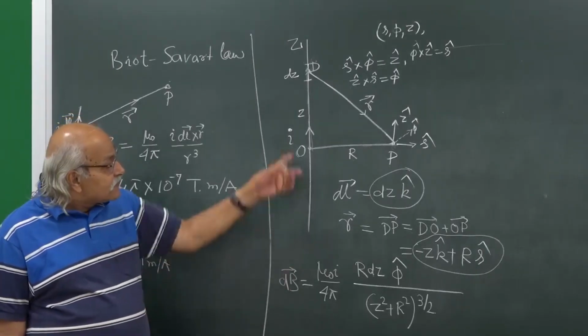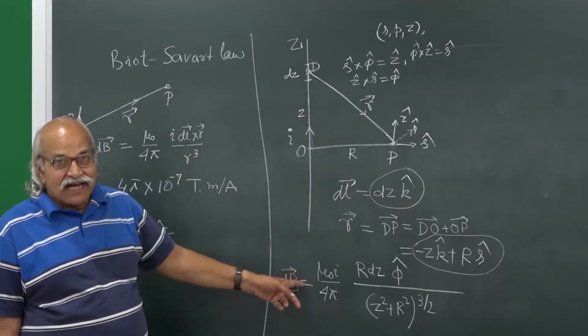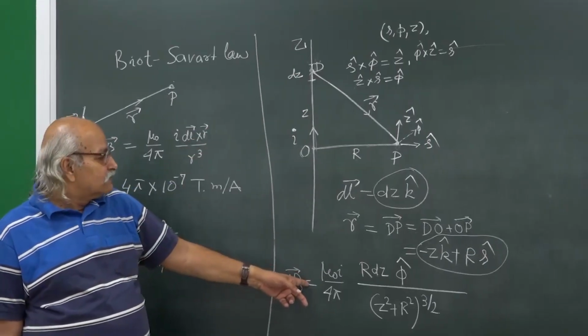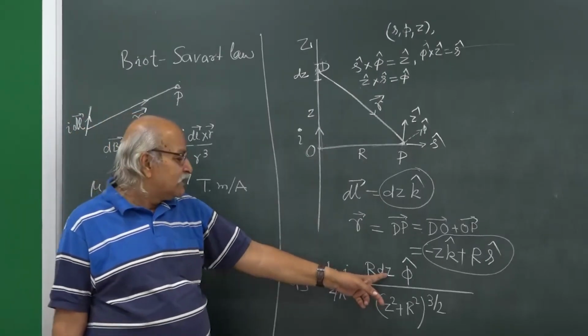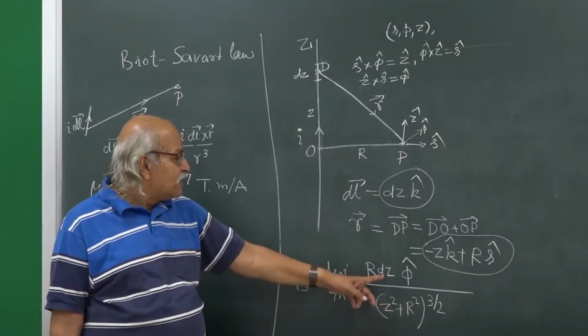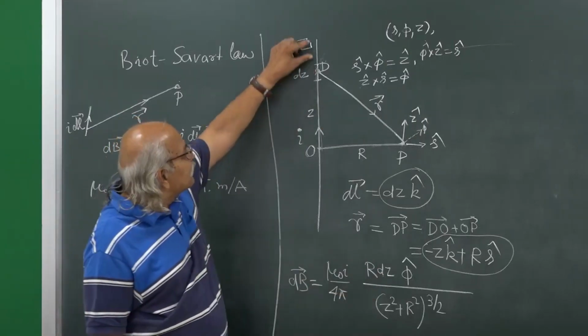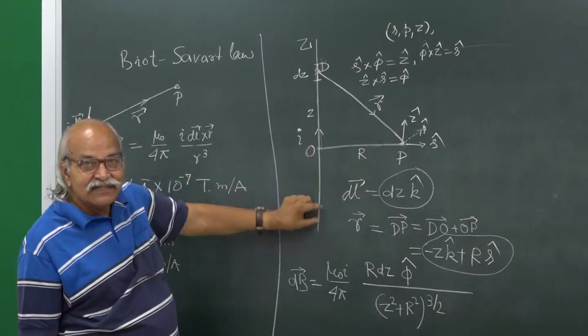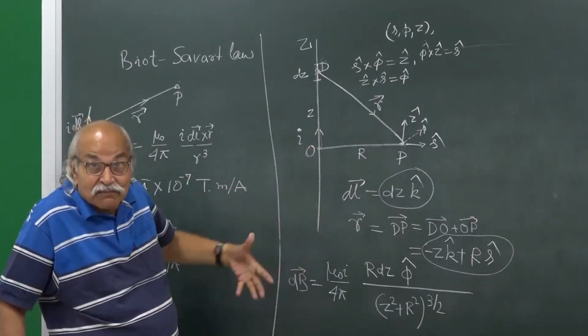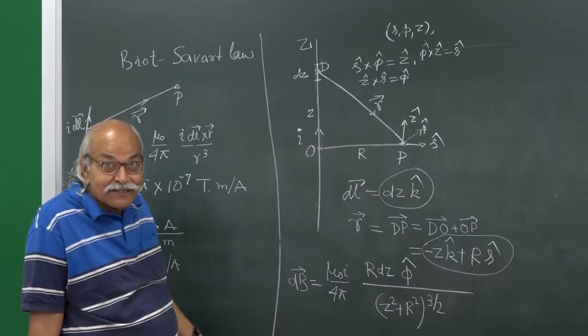But in our case here, when I am integrating, I am varying this dz, I am varying this z. I am taking the element here, here, here, and here. That is how we have to sum, we have to integrate.